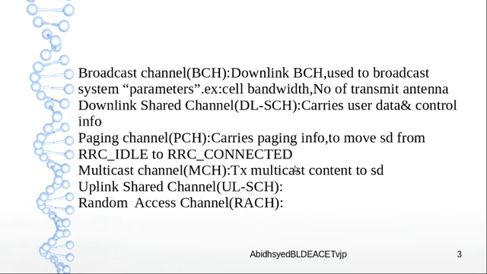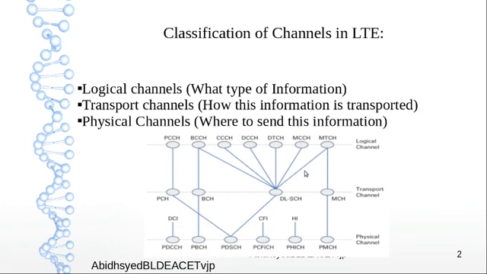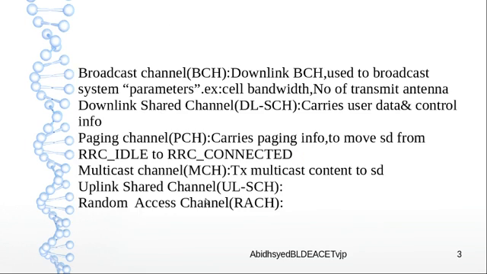Say broadcast channel, BCH. One type of transport channel is the BCH, that means broadcast channel. What is the function of the broadcast channel? The function of the broadcast channel is to transfer system parameters to the users. What are the system parameters?